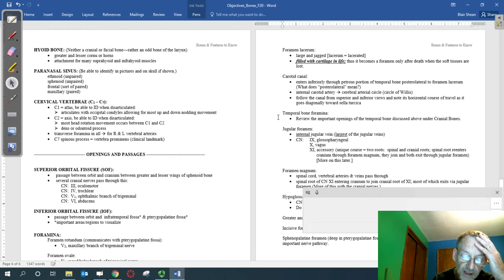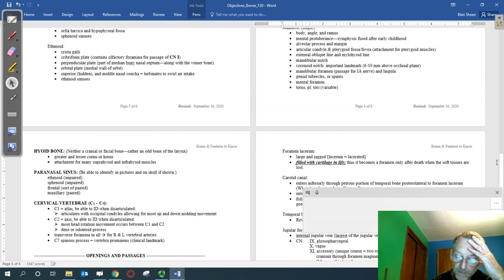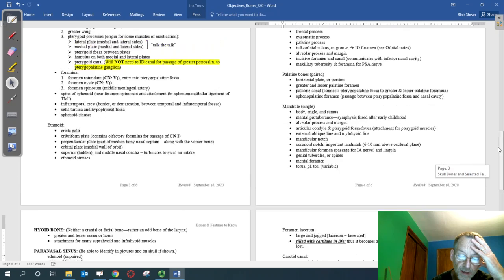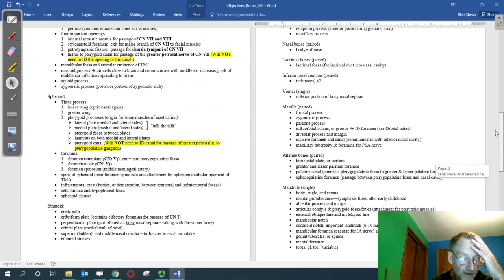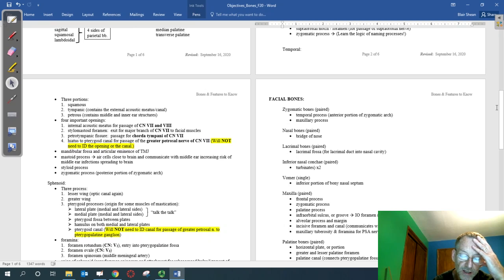Oops, I can't write on it. Temporal Bone Foramina. Let me scroll back. So let's go back to the temporal bone. Okay, awkward page break.